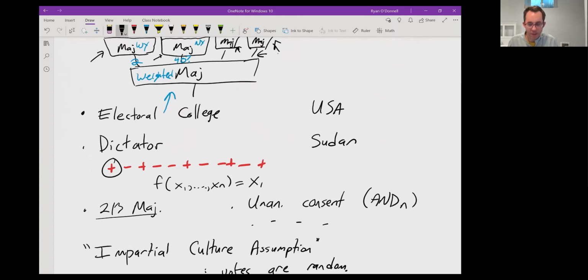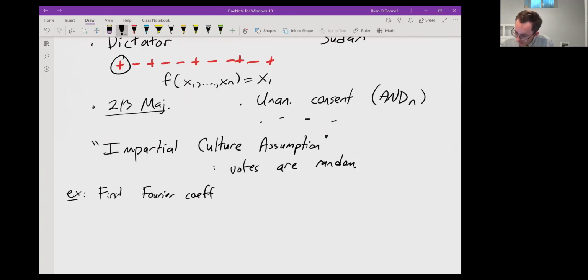So it's a little exercise. You can check that this first Fourier coefficient can also be thought of as the probability under the impartial culture assumption that plus wins minus the probability that minus wins when everybody votes at random.